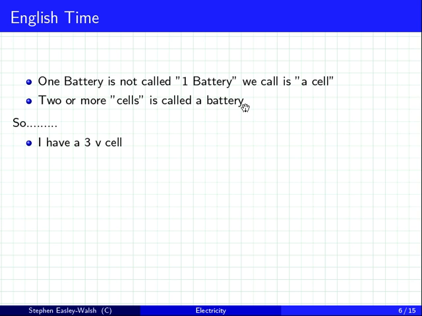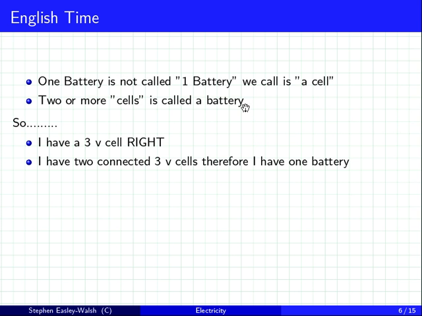So, you can say this. Well, actually, you can tell me. I have a 3 volt cell. Can I say this? Right, that's right. I have 2 connected 3 volt cells, therefore I have 1 battery. Right or wrong? Right.